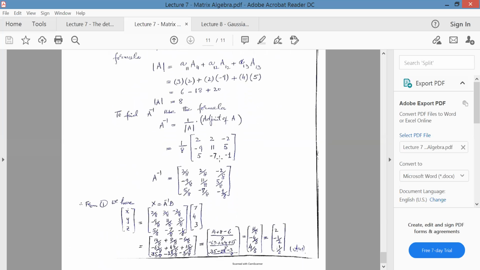So putting these values here, then multiply inside with 8. So this is 1 over 8, so the 2 will come in the numerator. 2 upon 8, again 2 upon 8, minus 2 upon 8. This will be your first row. Second row, minus 9 upon 8, 11 upon 8, and 5 upon 8. For the third row, 5 upon 8, minus 7 upon 8, and minus 1 upon 8. Okay. This is your A inverse.